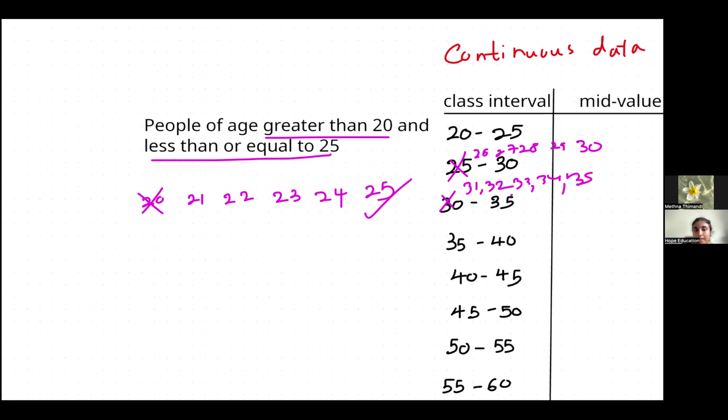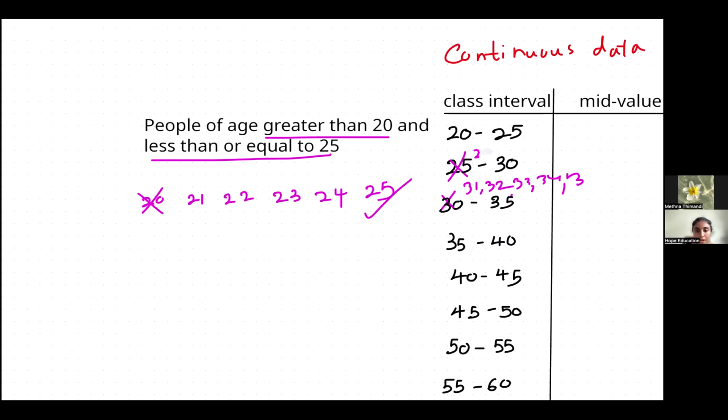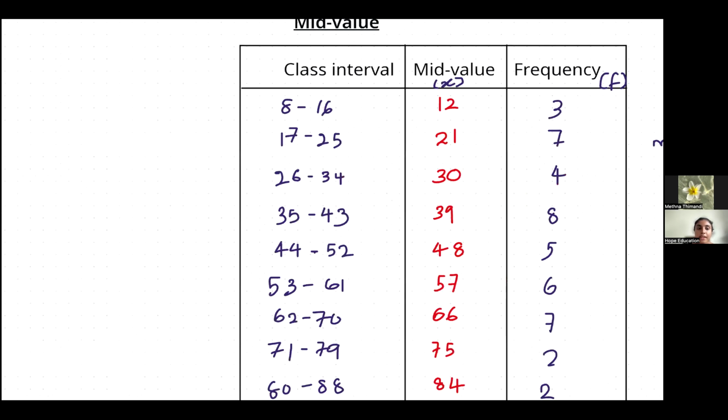What was the problem we got in this particular data set?